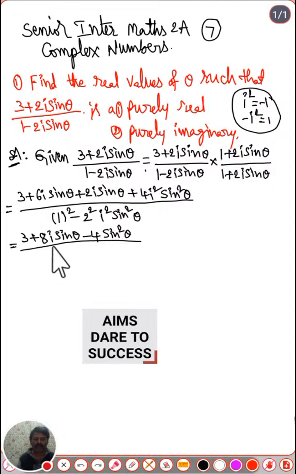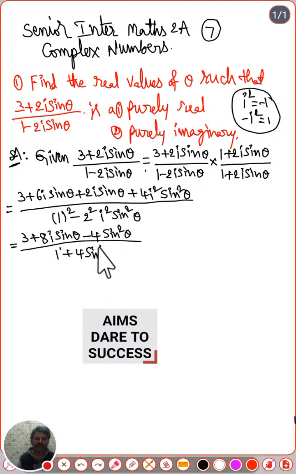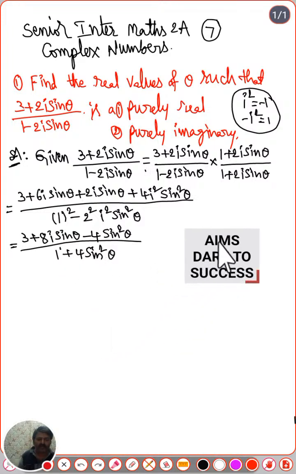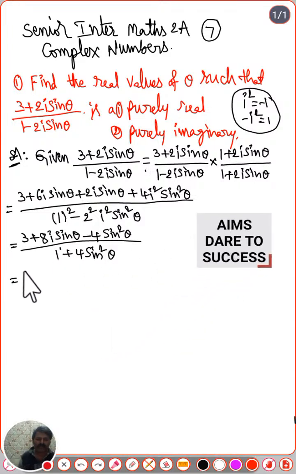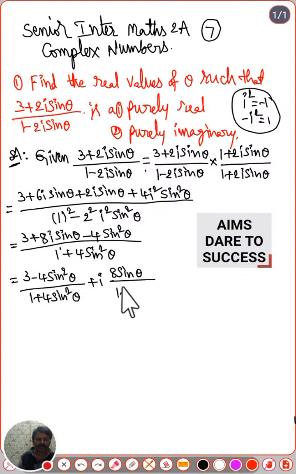In the denominator, 1 square is 1, and minus i square is plus 1, so it becomes plus 4 sin square theta. Now write the real part and imaginary part individually: the real part is (3 - 4 sin square theta)/(1 + 4 sin square theta), and taking i common, the imaginary part is 8 sin theta/(1 + 4 sin square theta).